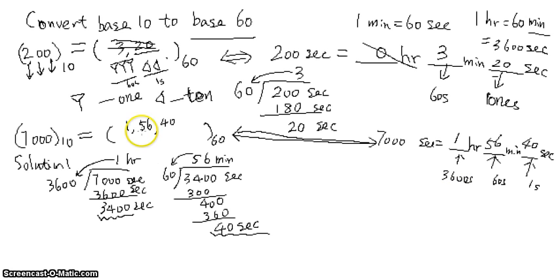So we have this answer, and again we need to describe our answer in Babylonian form. So 40 will be 4 tens. Okay, and 56 will be 5 tens plus 6 ones, because 56 is 5 tens plus 6 ones.